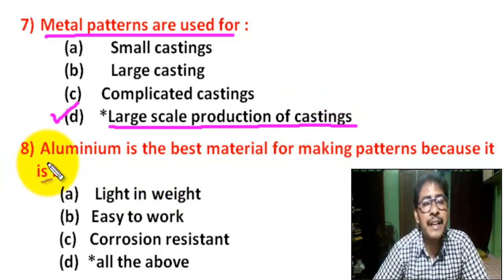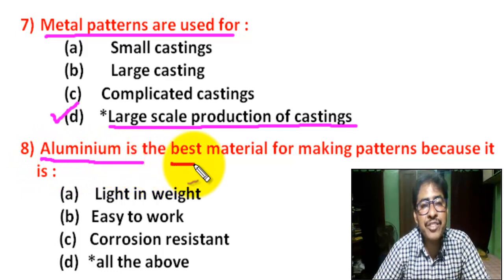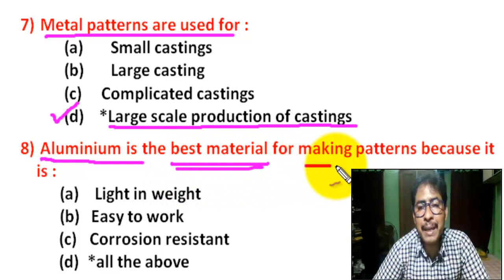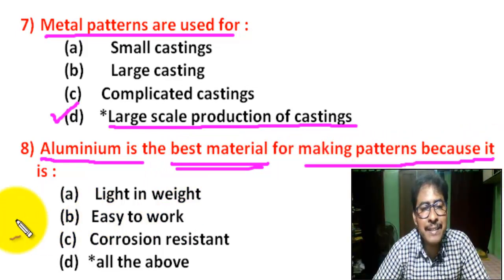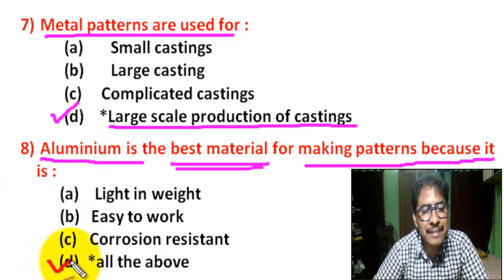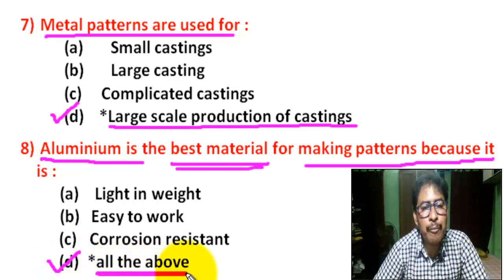Question number 8. Aluminium is the best material for making pattern because it is, there are 4 options. Correct answer is D, all of the above.